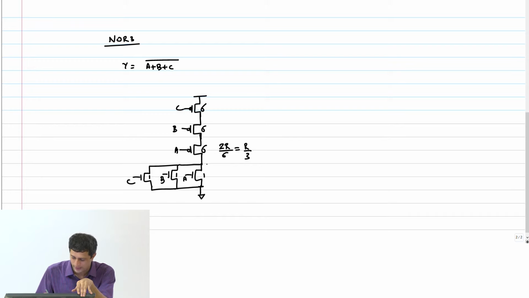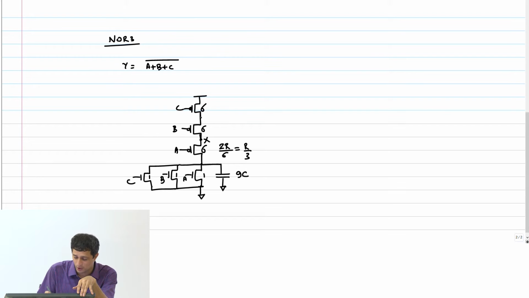So what are the capacitances now at various nodes? What is this capacitance? From the NMOS, how much is the capacitance? 3C, right? From the PMOS, how much capacitance will you get from the PMOS? 6C. So this is 9C. Now what kind of a node is this?